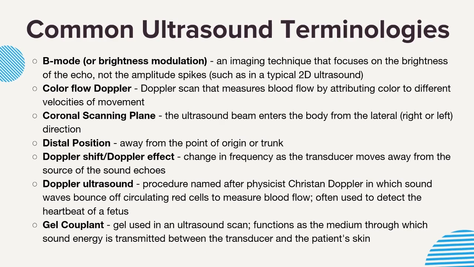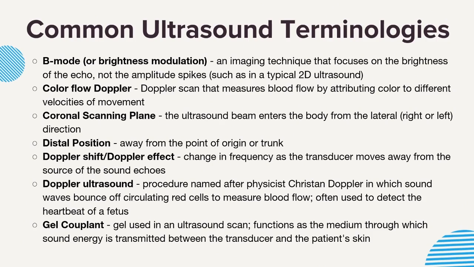Color flow Doppler: a Doppler scan that measures blood flow by attributing color to different velocities of movement. Coronal scanning plane: the ultrasound beam enters the body from the lateral side, either the right or left. Distal position: away from the point of origin or trunk.